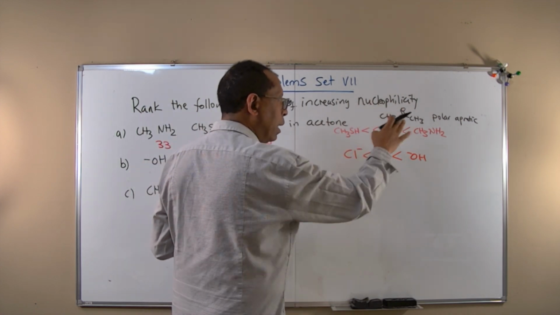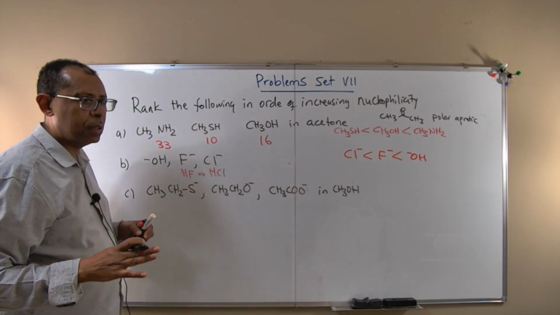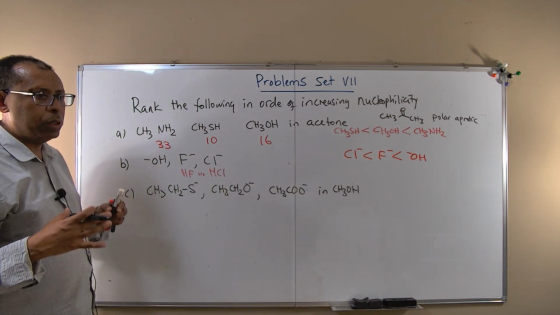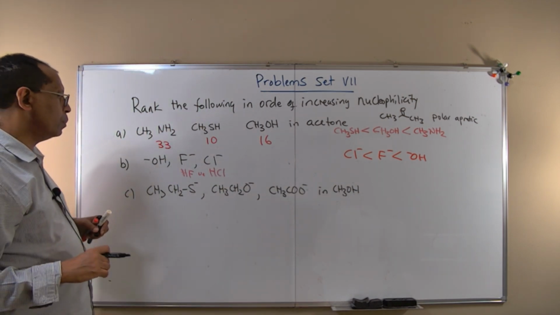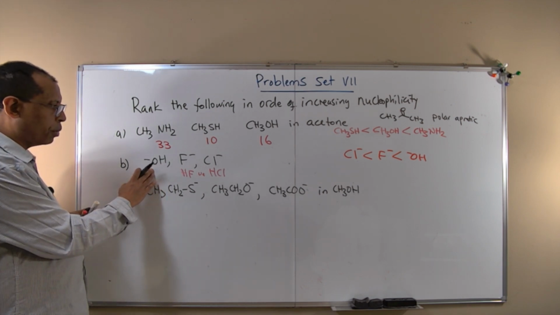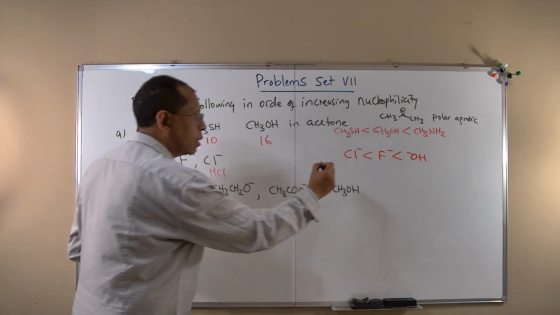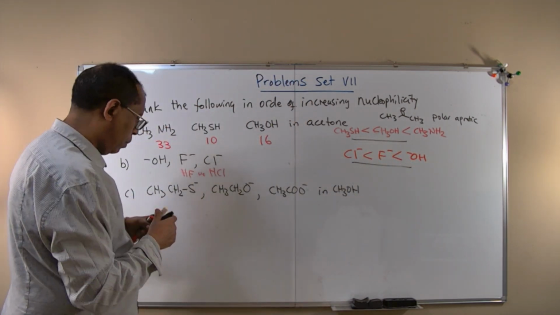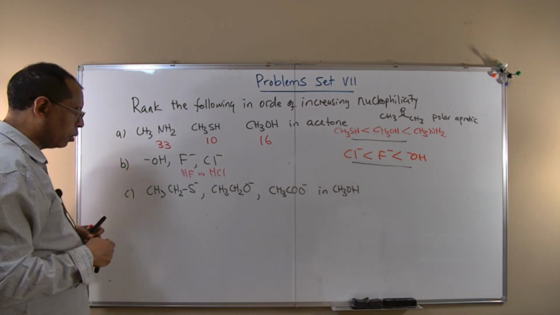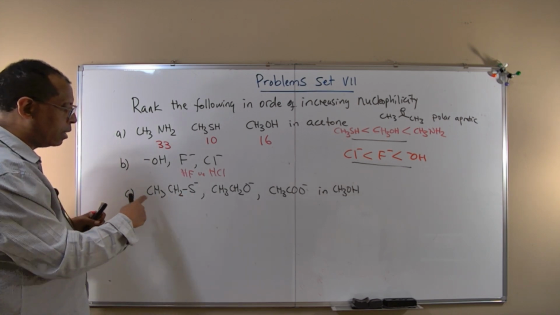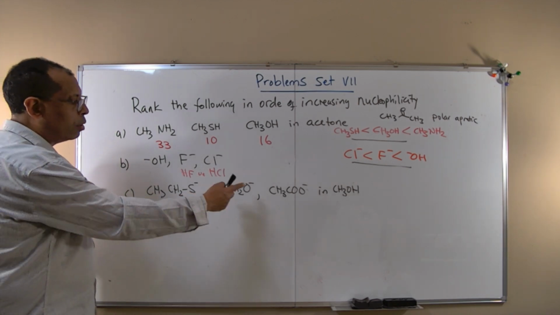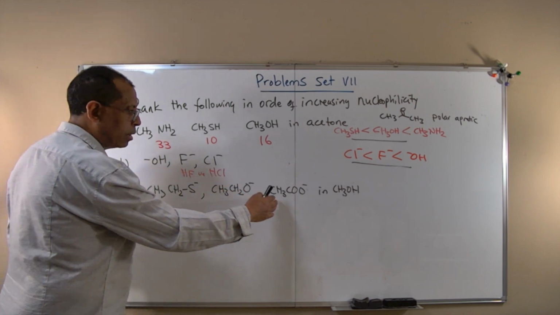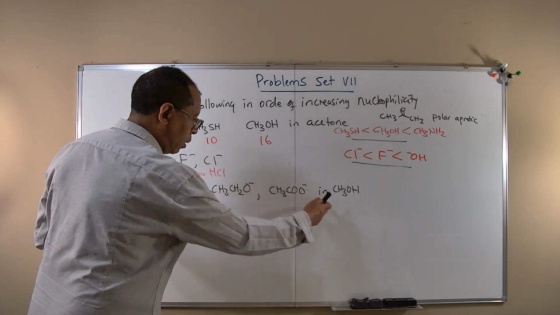But mostly polar aprotic solvents actually coordinate with a cationic species. Here solvent is not provided, so the order is still correct here. And now we have the third group. You have ethyl sulfide, ethoxide, pure acetate anion in methanol.